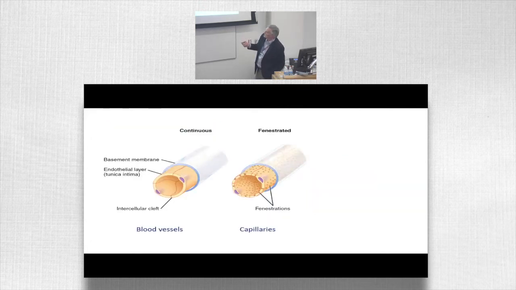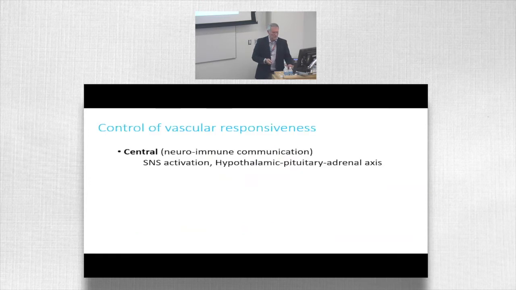Within our major blood vessels, it consists of an endothelial layer with an intact basement membrane, some intercellular clefts, but it does not leak. Come down to the capillaries and we start to see fenestrations appearing within the basement membrane that allows that transudation of fluid into the interstitial space and the transfer of oxygen.